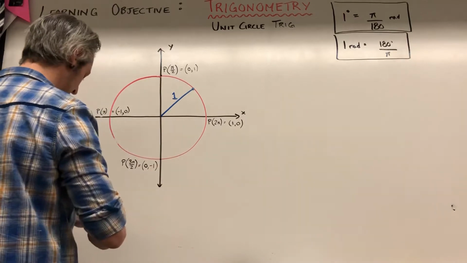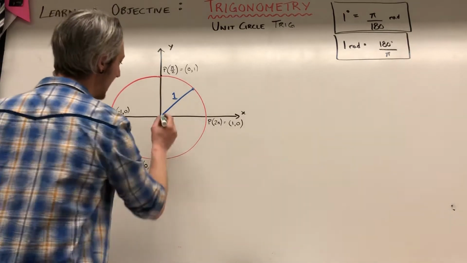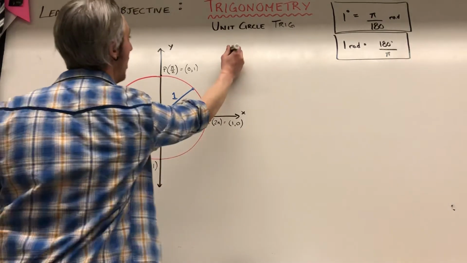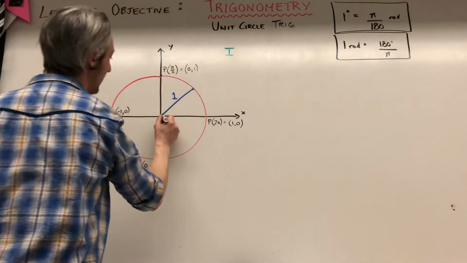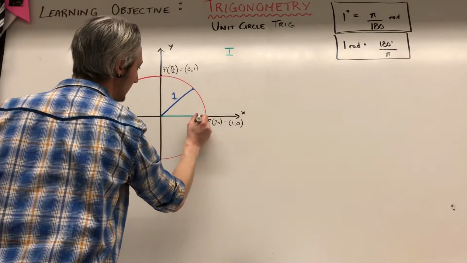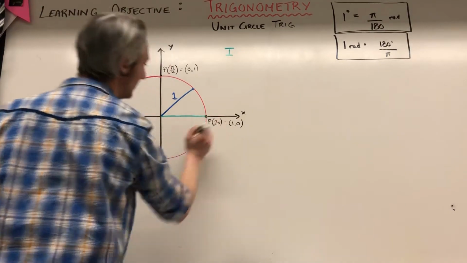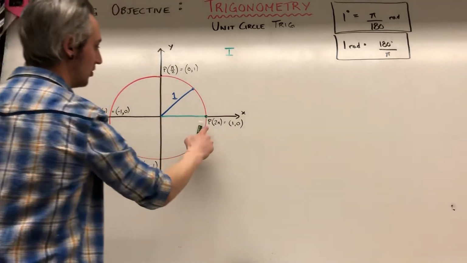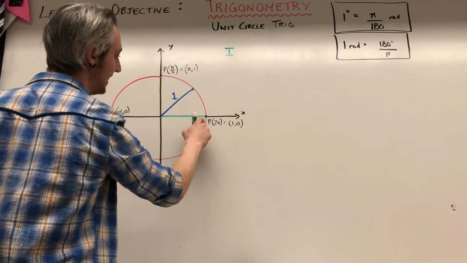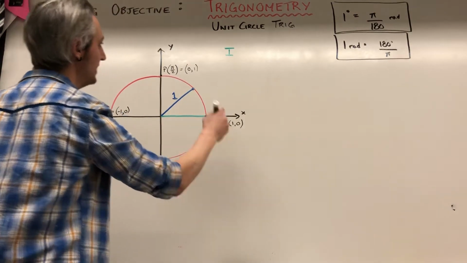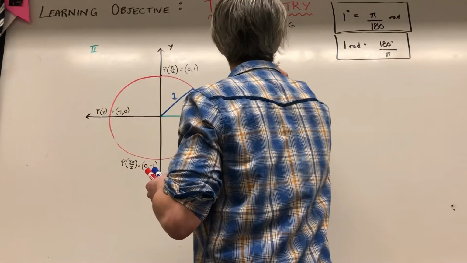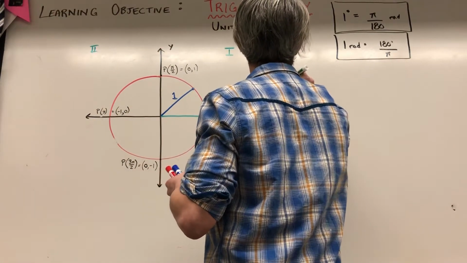When my radius is perfectly flat on the x-axis, the point on the circle at an angle of 2 pi or 0 is equivalent to the coordinates x, y.